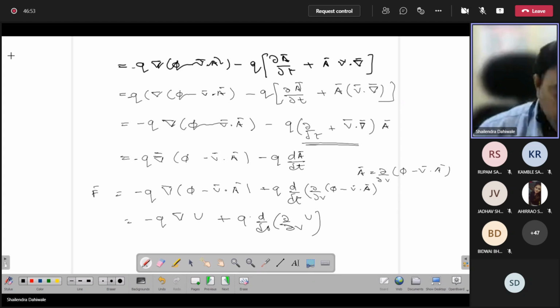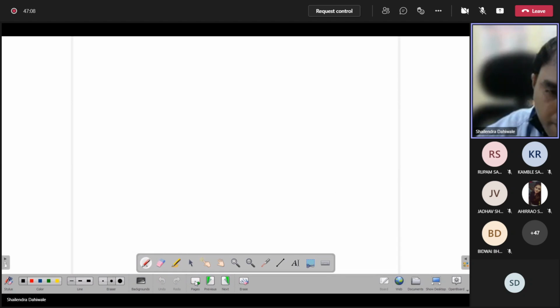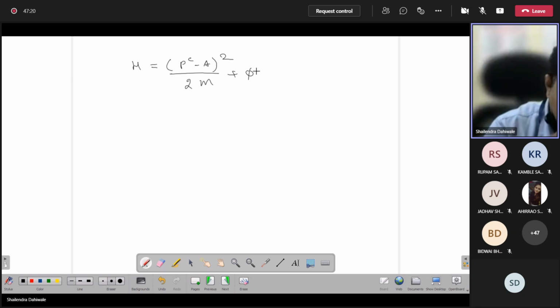So we have seen that our Hamiltonian H, you can write it as (P canonical minus A) whole square by twice m plus phi.